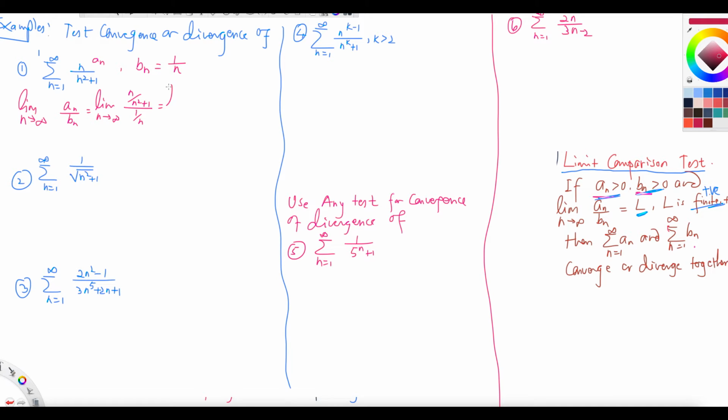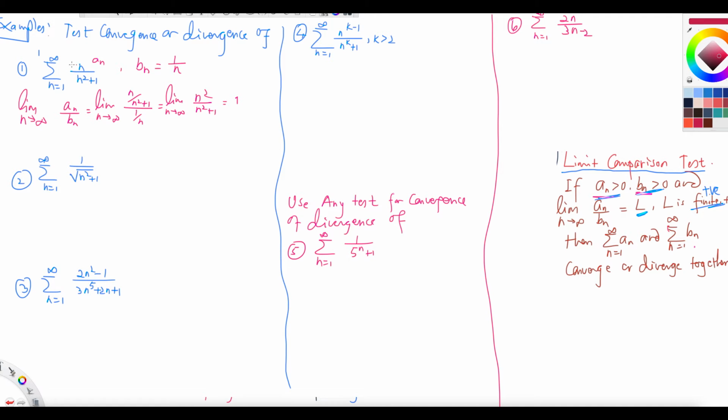So this can be written as the limit of n squared over n squared plus 1, because it is like n over n squared plus 1 times n over 1. Now, what is this limit? You can use L'Hopital's rule, because it is infinity over infinity form. If you use L'Hopital's rule 2 times, then you will get 1. So the limit is 1, which is finite and positive.